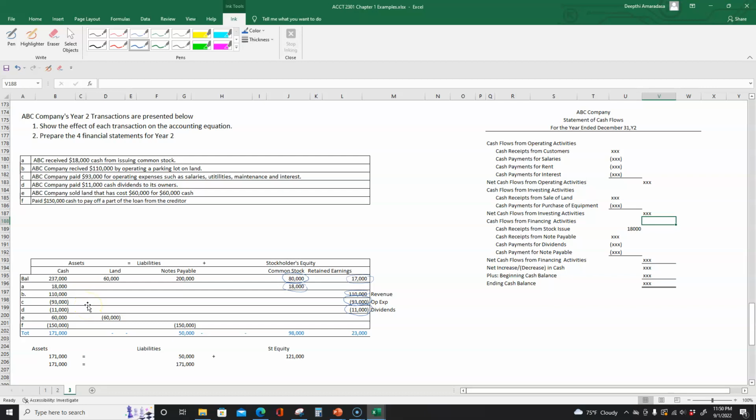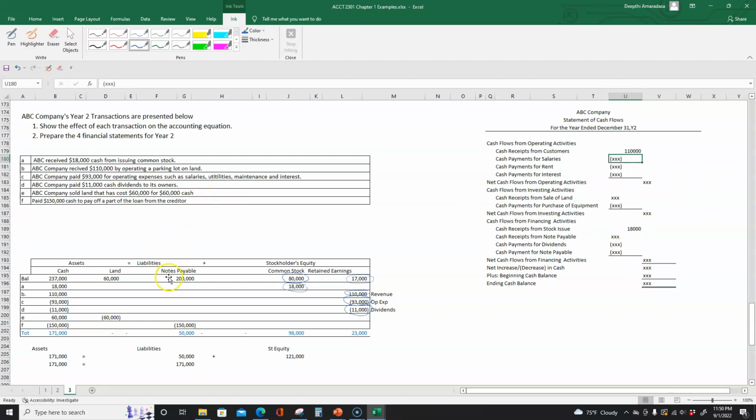That is revenue, and revenue is an operating activity. So this 110,000 was cash received from customers for services that we performed. Cash received from customers belongs in the operating activities section, so I'm going to put that up here as 110,000. Again, money came in, so I'm putting it as a positive number.